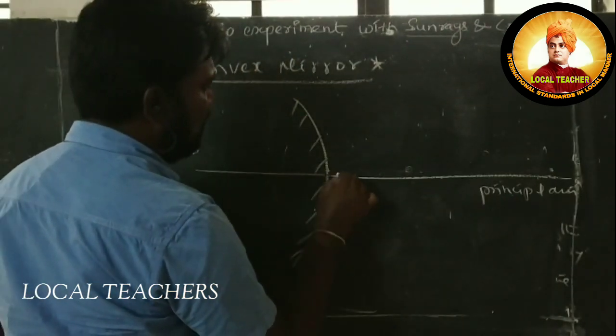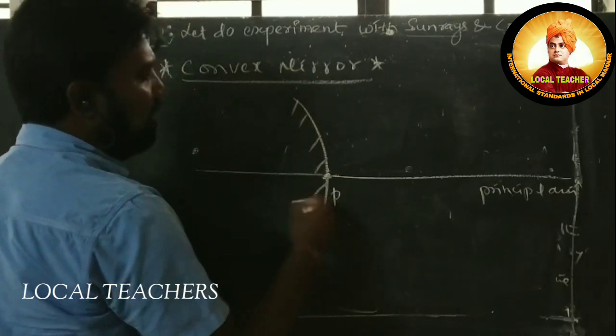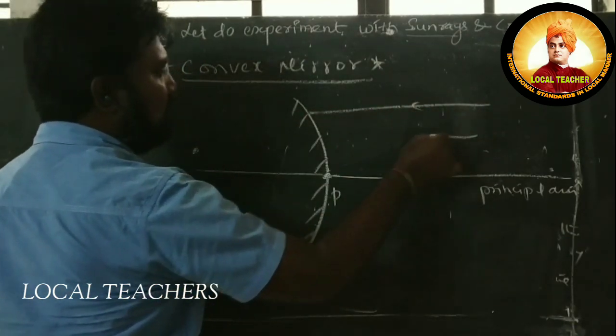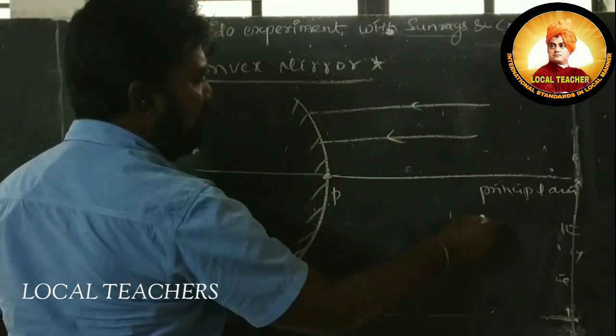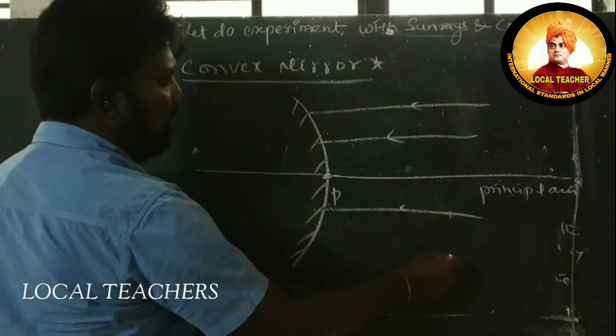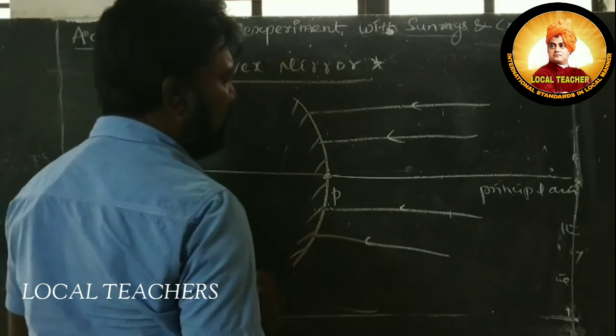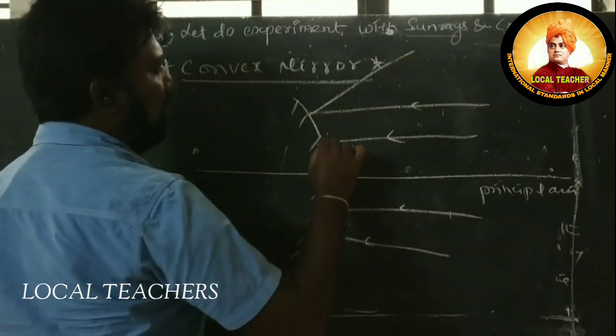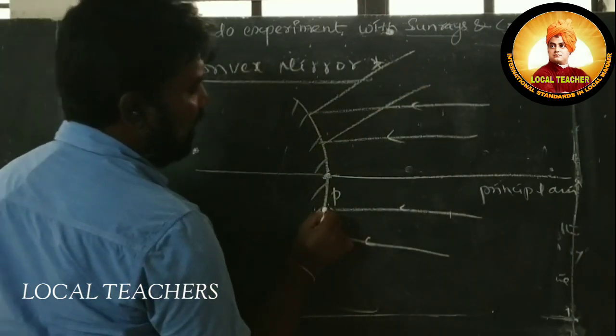Okay, so this is point P. So here also the parallel rays are coming towards convex mirror and fall on the convex mirror. So after falling, these rays are reflected like this.